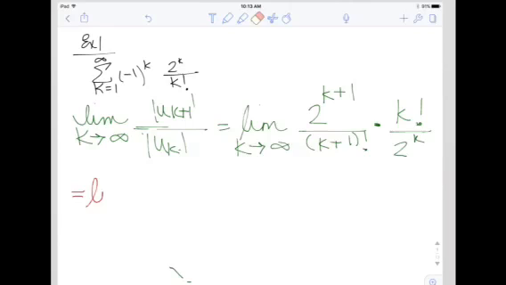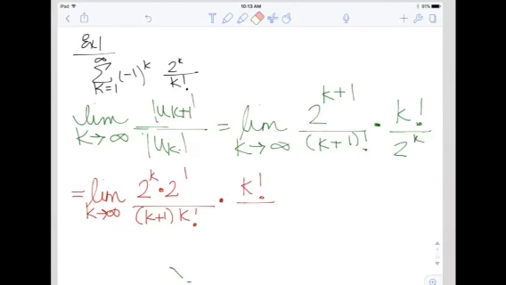This will equal the limit as k approaches infinity of 2 to the k times 2 to the first over k plus 1 times k factorial times k factorial over 2 to the k. Stuff cancels, and we get the limit as k approaches infinity of 2 over k plus 1.